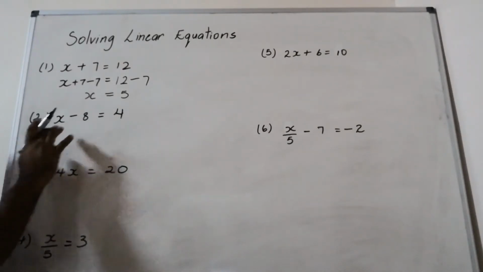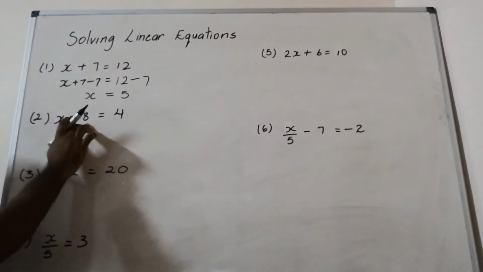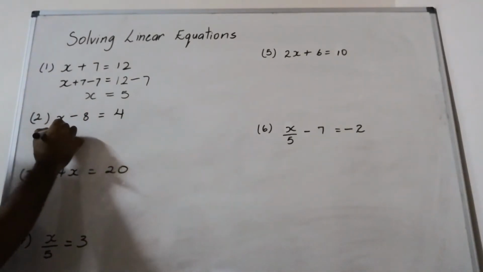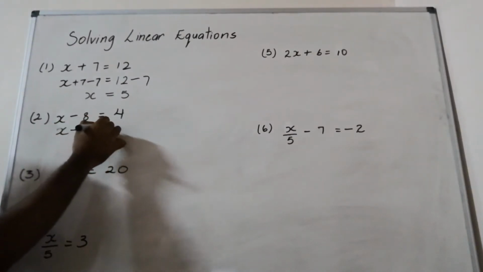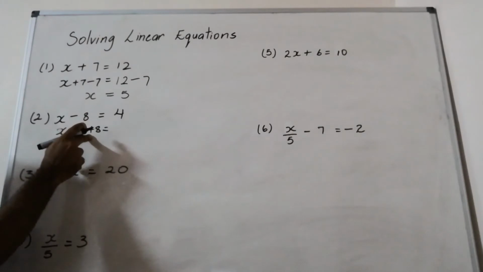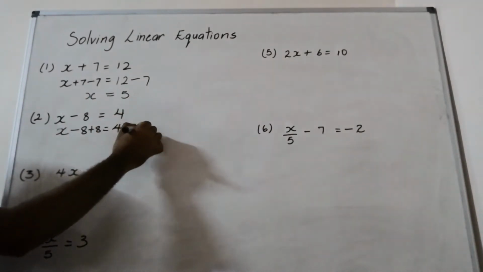Since it's a minus here, for us to get rid of this 8, we need to add 8. So we'll have x, take 8, plus 8. And remember, whatever we do on this side, we must do on the other side. So we have 4 plus 8.